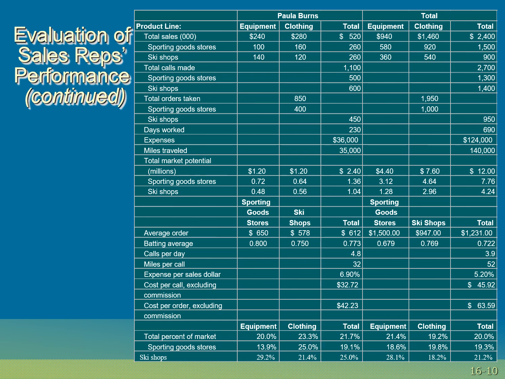Cost per call excluding commission is low. Cost per order excluding commission is also low. So here we have the individual ones. You can compare salesperson to salesperson, and also compare salesperson to the company average, all of them.